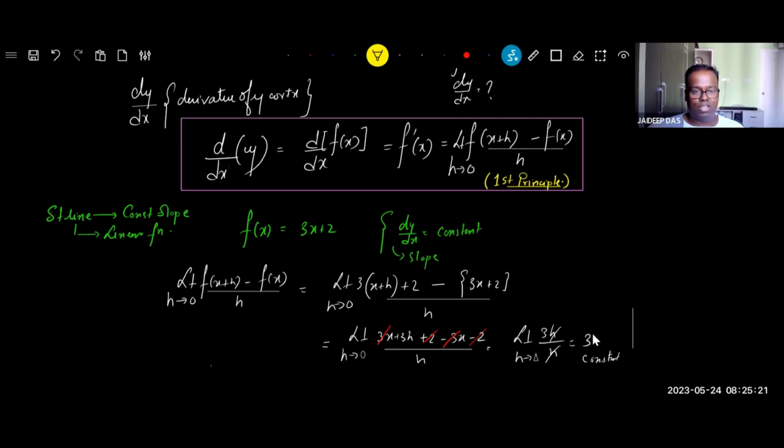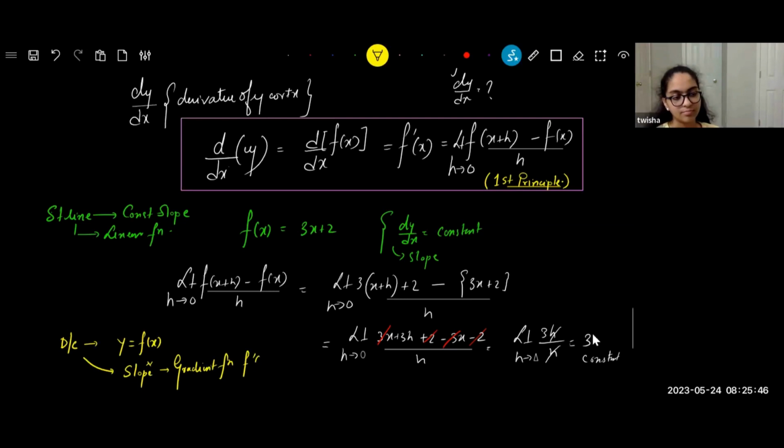Integral calculus, differential calculus. Differential calculus always hovers around one topic. If somebody asks me, sir, what is differential calculus? I would say, given a function y equal to f(x), in differential calculus you are only interested in finding the gradient function, that is f dash x, that is dy by dx. This is your own soul.